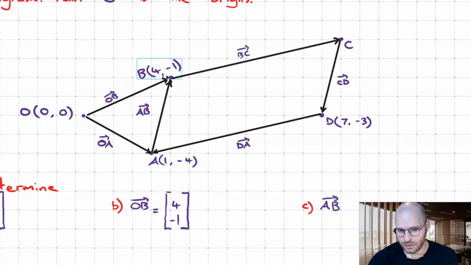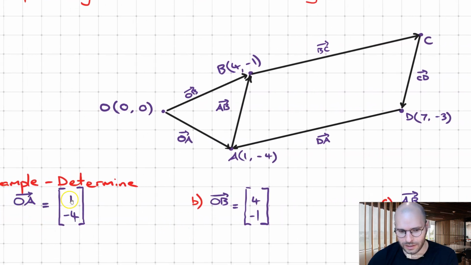The reason why we do this is we know that to get to point A, we simply go along the vector OA, which is 1 minus 4. To get to B, we simply go along the vector 4 minus 1, like shown over here.